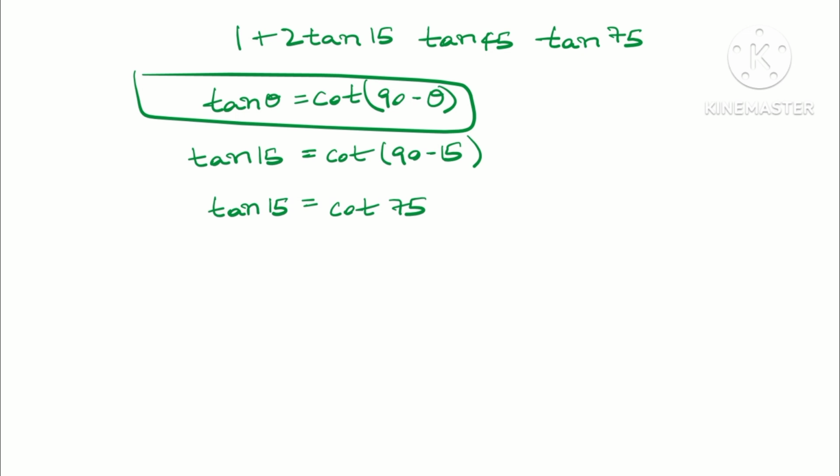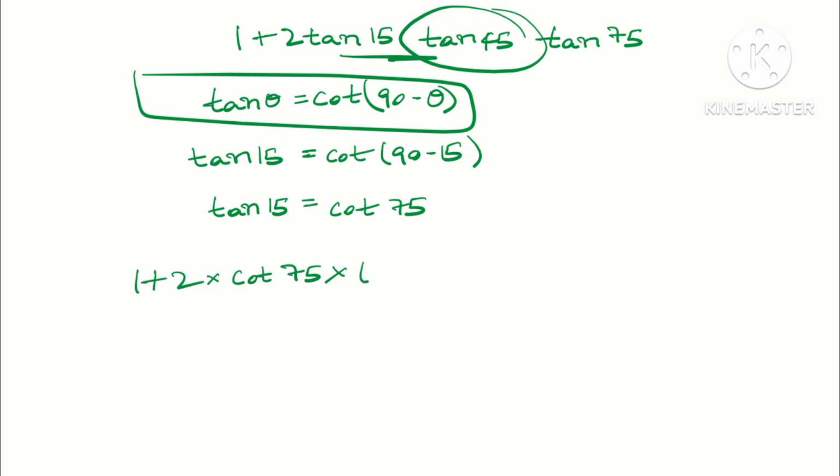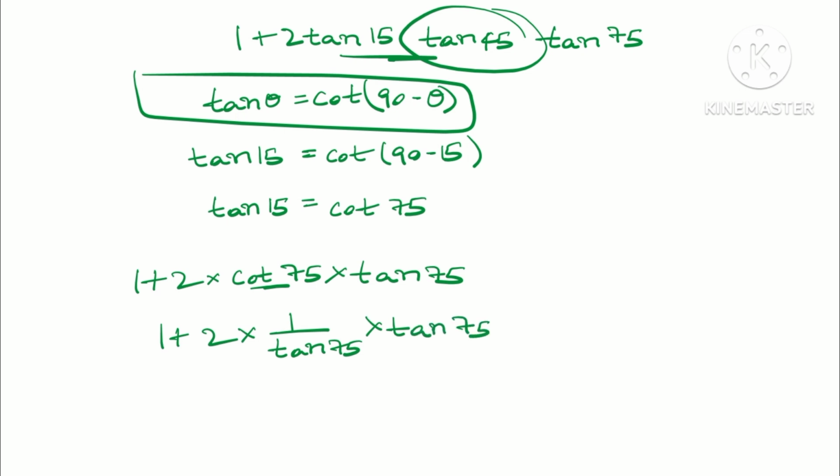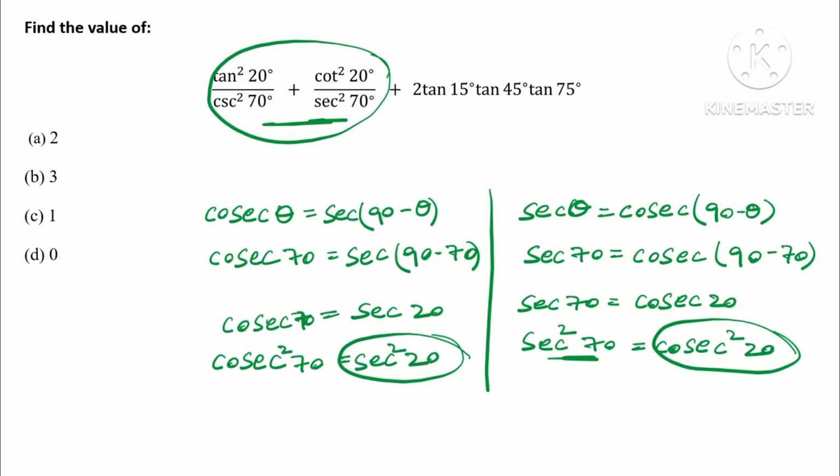So here 1 plus 2, tan 15 we can write as cot 75 into tan 45, which is 1, and tan 75. 1 plus 2 into cot, we can write as 1 by tan 75 into tan 75. Tan 75 gets cancelled. 1 plus 2 equals 3. So option B is the right answer.